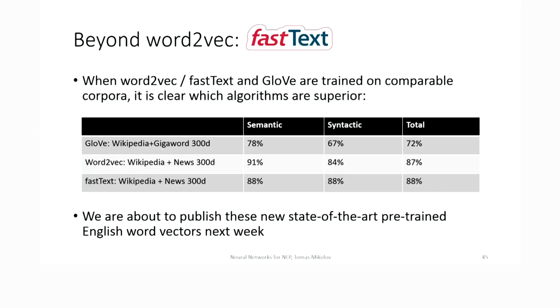And then there's this comparison with GloVe that we really do, and we actually plan to publish this new model very soon, I think next week. We trained 300-dimensional models on Wikipedia and news, and compared to GloVe that was trained on comparable data sets, using their public vectors, the difference in quality is huge.